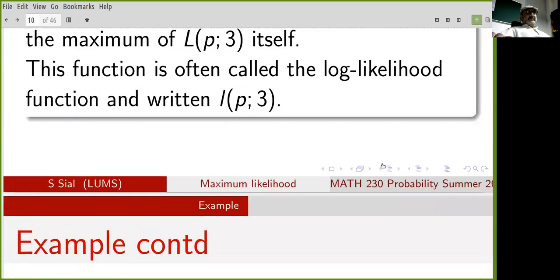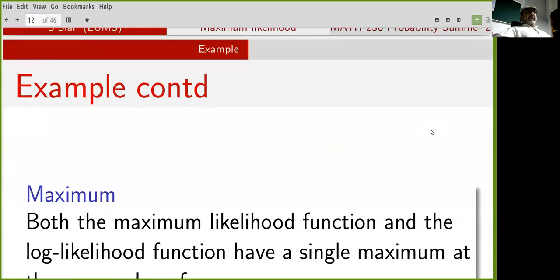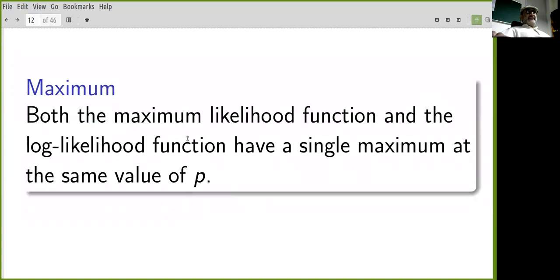We plot the logarithm of that maximum likelihood function, and we try to find out where that maximum is. 0.3, I guess. Both the likelihood function and the log of the likelihood function, the log likelihood function, have a single maximum at the same value of p.